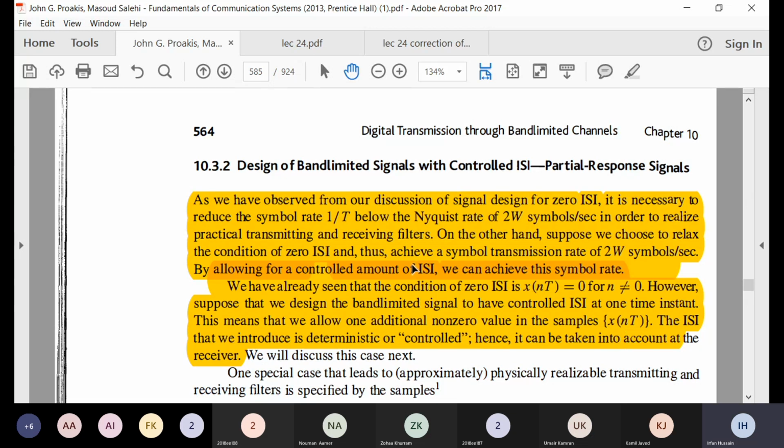The drawback is that you will have to allow some amount of ISI. So we know the condition for 0 ISI is that you have to have x of n equal to 0 for non-zero values of n. For controlled ISI we will allow some other values of x, and by allowing this additional ISI, we will be able to transmit the signal at the Nyquist rate.